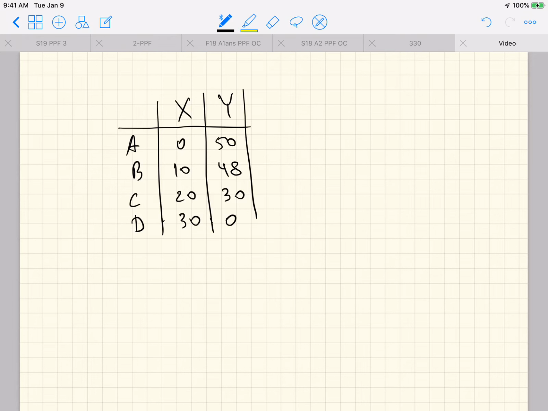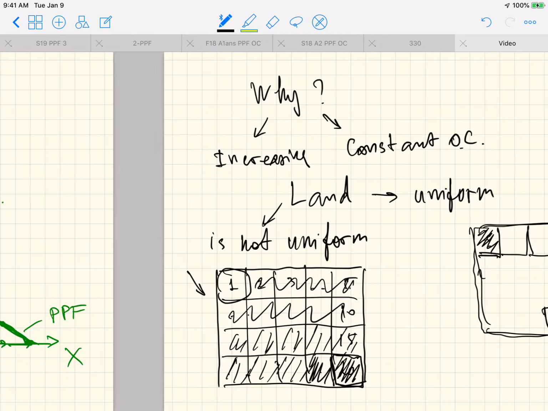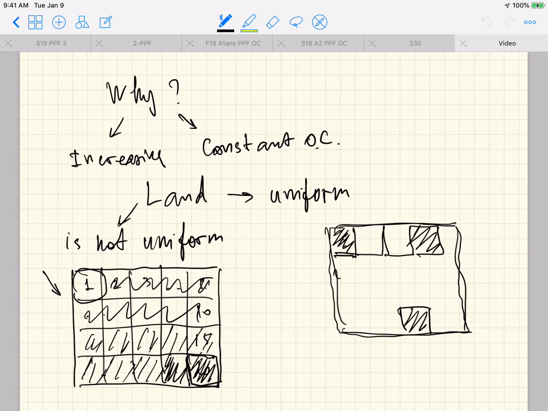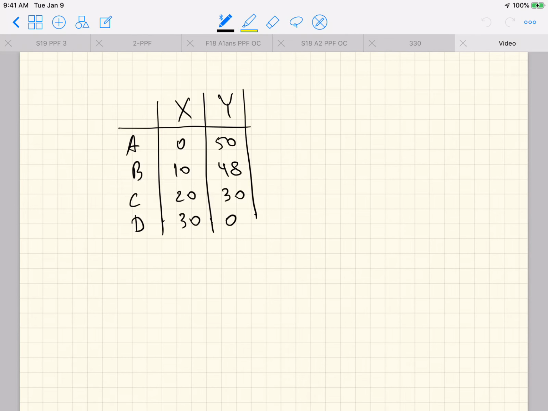So if that's the way your data is presented, then you can calculate opportunity cost applying the same formula we used here. So it's the loss in one good divided by the increase in another good. So if you want to go down this way, you'll be increasing your production of good X and decreasing your production of good Y. Actually, if you were going the other way, it would be the other way around. But for now, let's just do the first case.